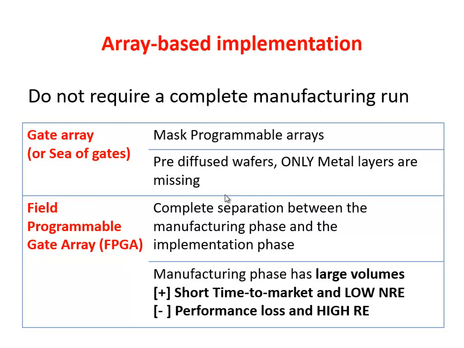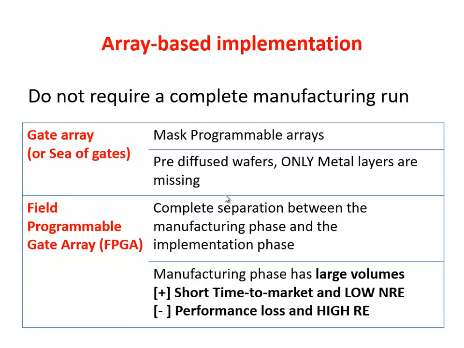So there's a total separation between the manufacturing phase in the foundry and the implementation phase, the phase in which you use the FPGA and then you need to program the FPGA. I was saying that you don't do anything physically, but this is not totally true, because sometimes in the implementation phase you can physically change the FPGA, and we are going to see how.